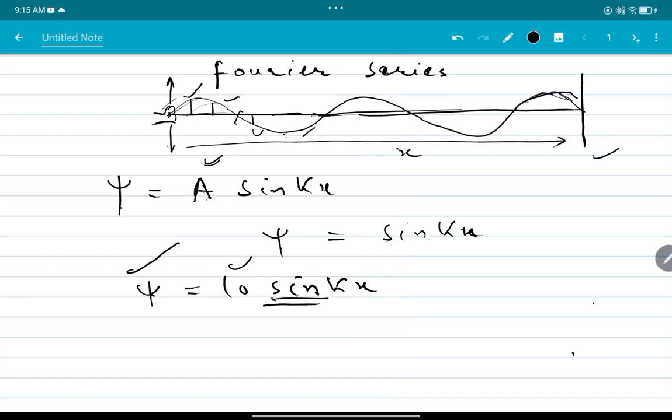The next moment, the picture will be different. You can imagine that you have taken a snap of the string at a particular time. That means this shape corresponds to a particular time. Next time it will be changed. That's the wave. Next time it will change.